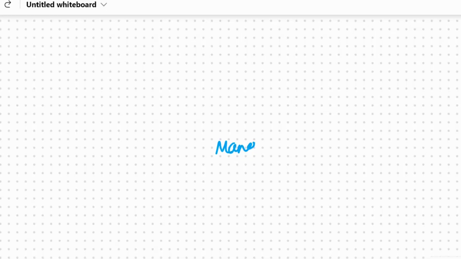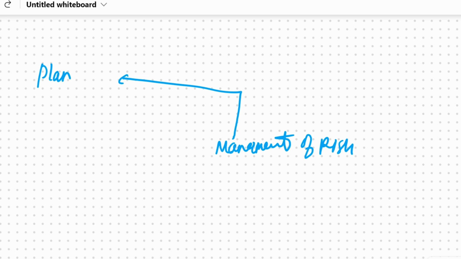So what we have talked about so far, we'll just see in terms of a diagram. So I said management of risk. Number one thing that comes to my mind is a plan. You have to deliver the planning.